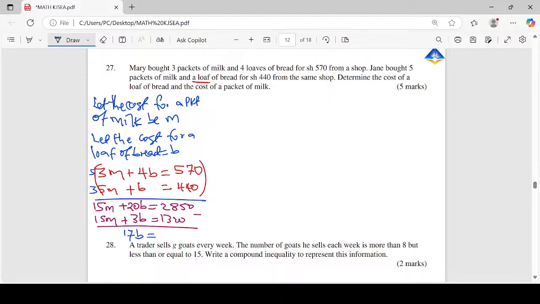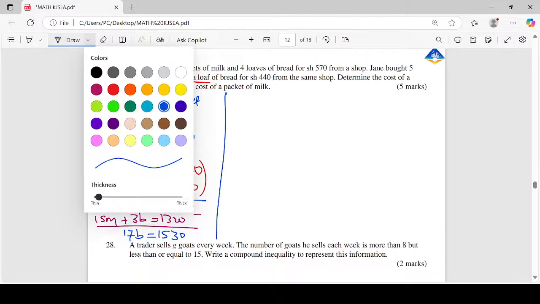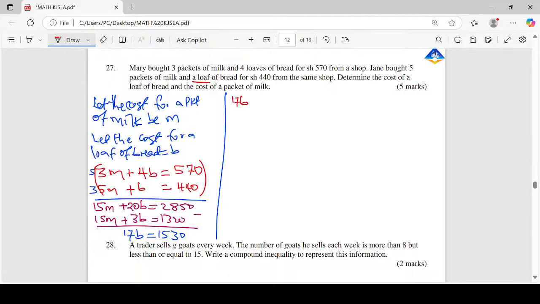You're going to get 1530. So that basically means that 17b is equal to 1530. You divide here by 17, here by 17.